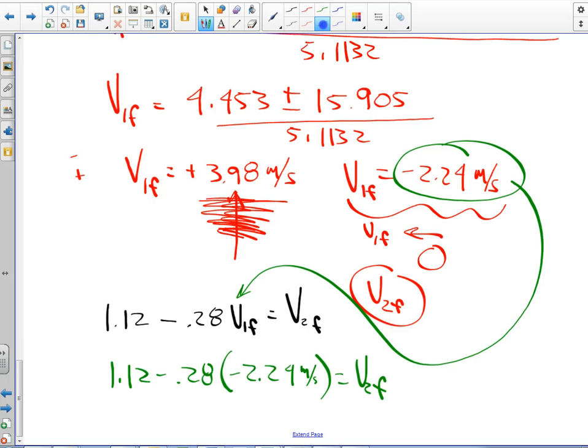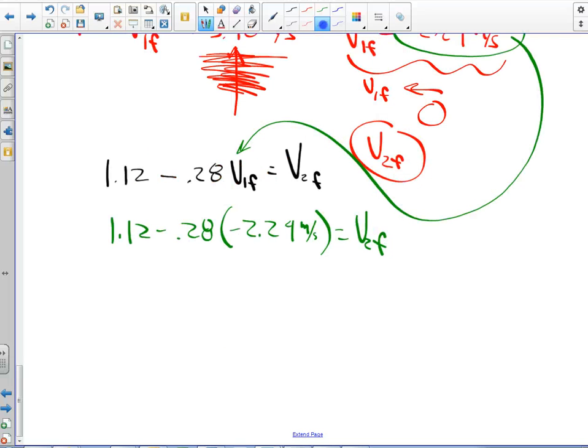With a few pushes of the buttons, minus 0.28 times negative 2.24, I get a final velocity for ball 2 of 1.747 meters per second.